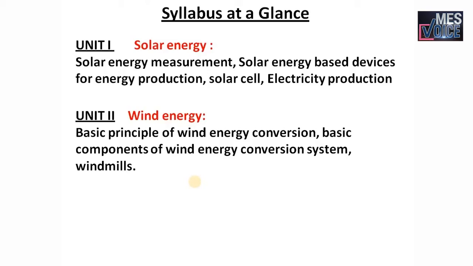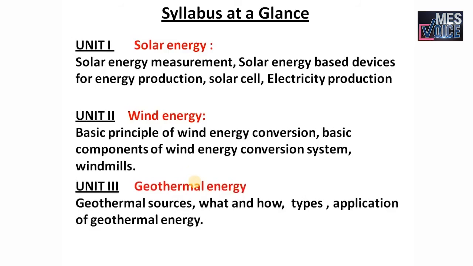Different technologies are there, so we will have a detailed investigation of how wind energy is converted into other forms of energy. And in the third chapter we will focus especially on geothermal energy. As I told you, it is the energy contained at the very core of the earth.